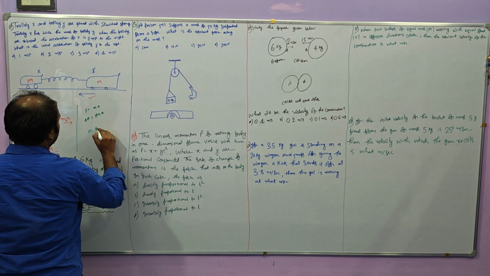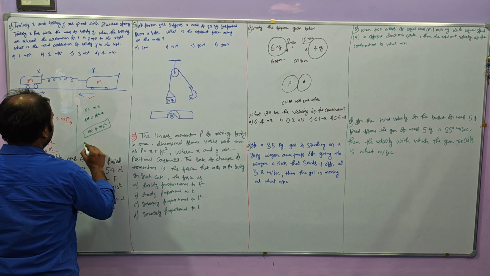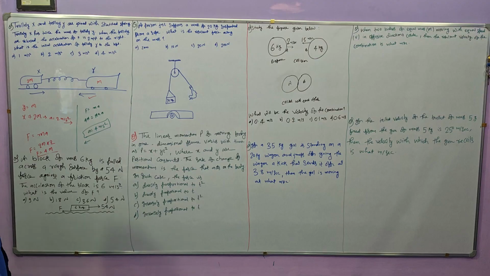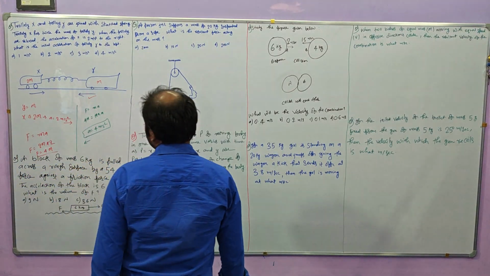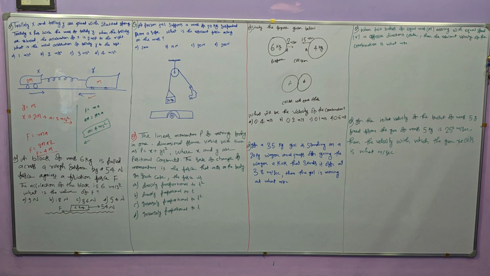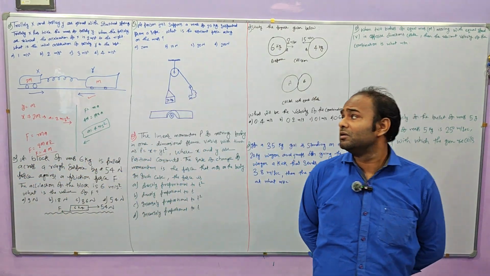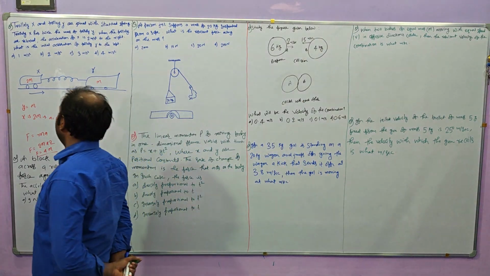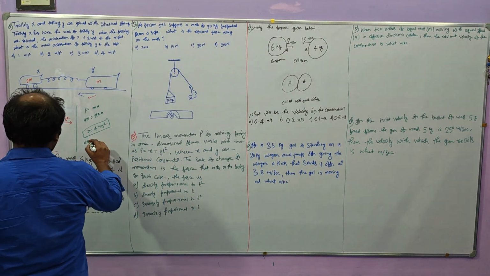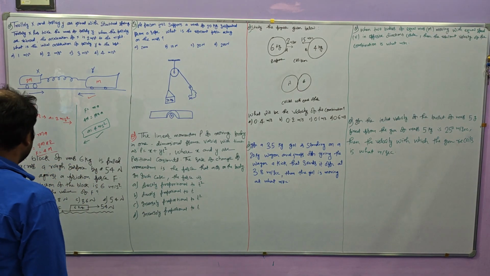A is equal to 4 meter per second square in a leftward direction. The force exerted by X on Y is the same as the force exerted on X by Y. So A is equal to 4 meter per second square in a leftward direction.